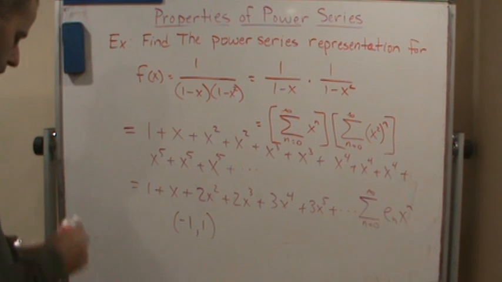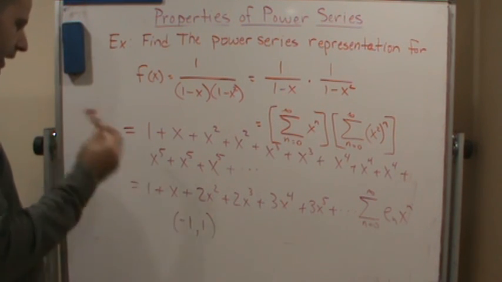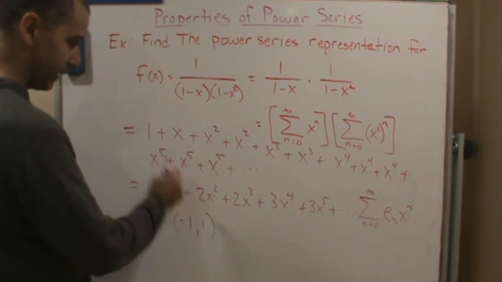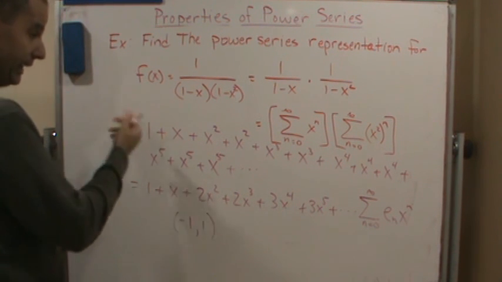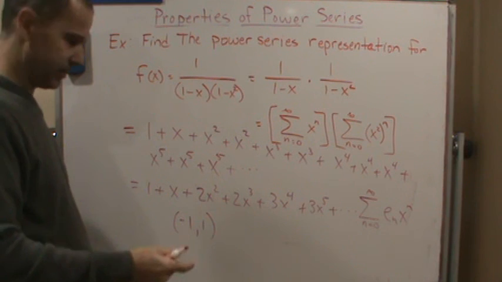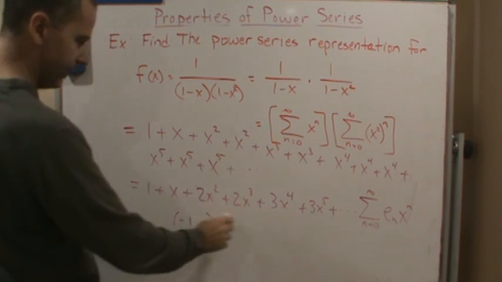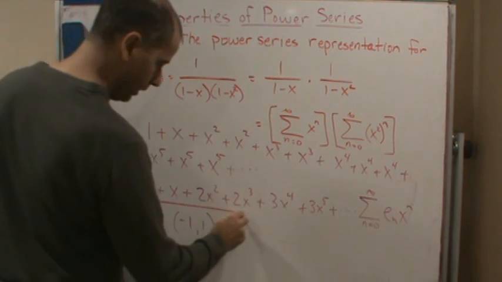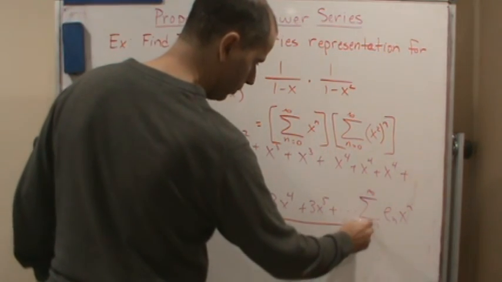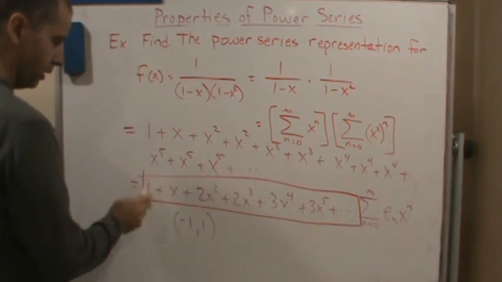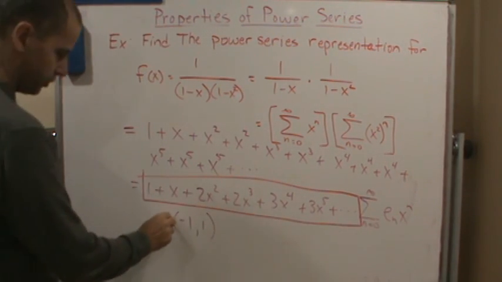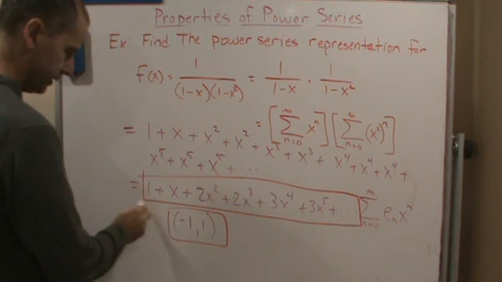So I would leave it as this. Again, if you came up with something like this, where it's not obvious how you can write that as a nice little e sub n, like we have in the past, just write it as a partial sum, and make sure you have your ellipsis at the end showing that it goes on. And of course, your interval of convergence is here.